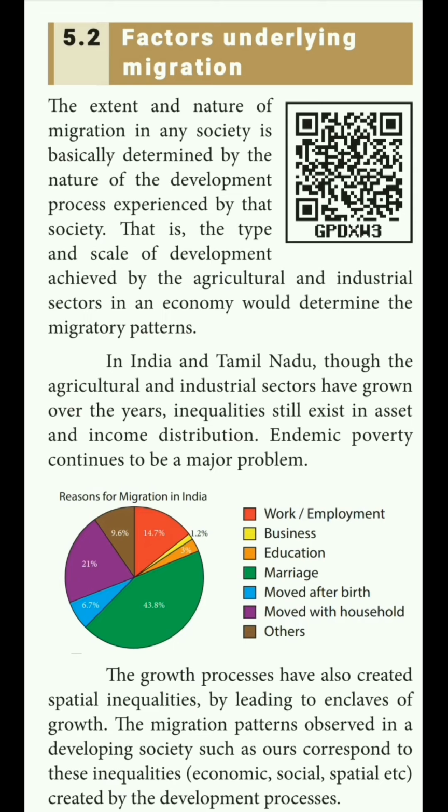The type and scale of development achieved by the agricultural and industrial sectors in an economy would determine the migratory patterns. In India and Tamil Nadu, though the agricultural and industrial sectors have grown over the years, inequalities still exist in access and income distribution. Endemic poverty continues to be the major problem.